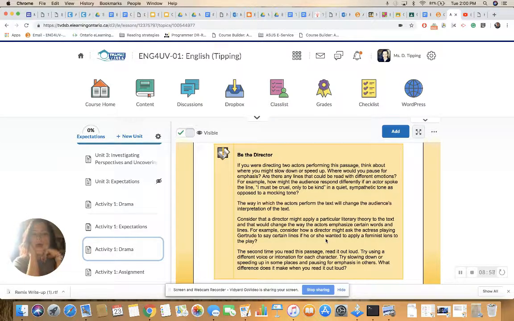The way that the actors perform the text will change the audience's interpretation of the text, and that's why, quite frankly, I have a problem with students' first interaction with a play by Shakespeare being the written text. Because it was never meant to be read. It was meant to be watched. It was meant to be performed on a stage with actors and lighting and set pieces.